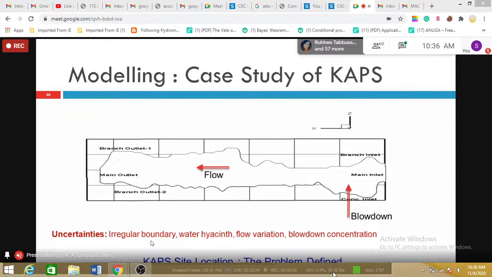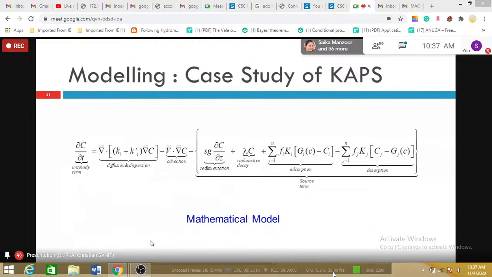So there were a lot of uncertainties involved in this case when we wanted to predict the concentration of the radionuclides 2 kilometers downstream.